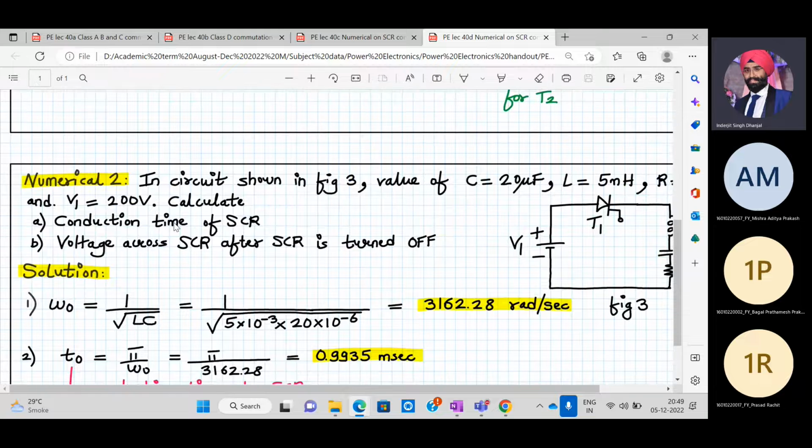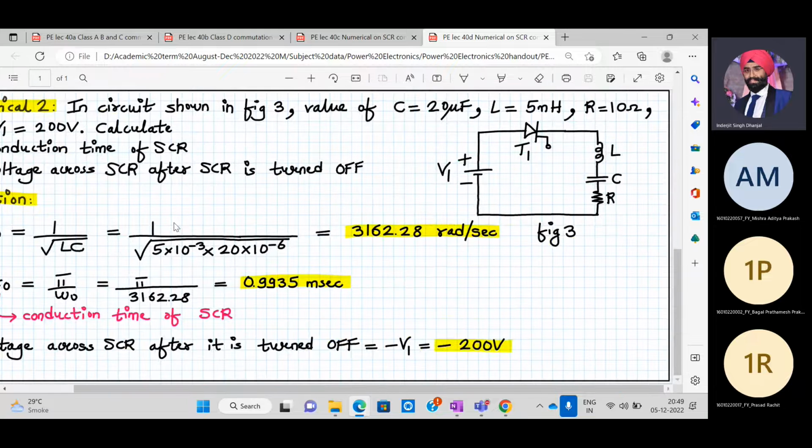So we'll discuss the last numerical of the day. Can you identify this circuit over here? Figure number 3. Which class commutation is it? Remember class A we have discussed today, RLC series.